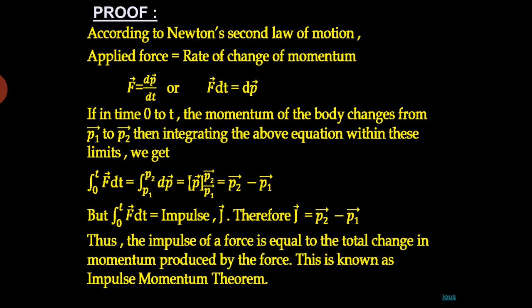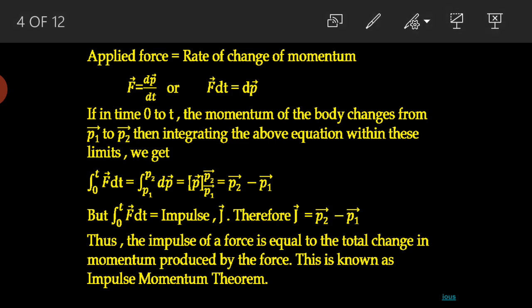So let us prove this. According to Newton's second law of motion, the applied force is equal to the rate of change of momentum. So F vector is equal to dp vector by dt, or F dt is equal to dp vector.